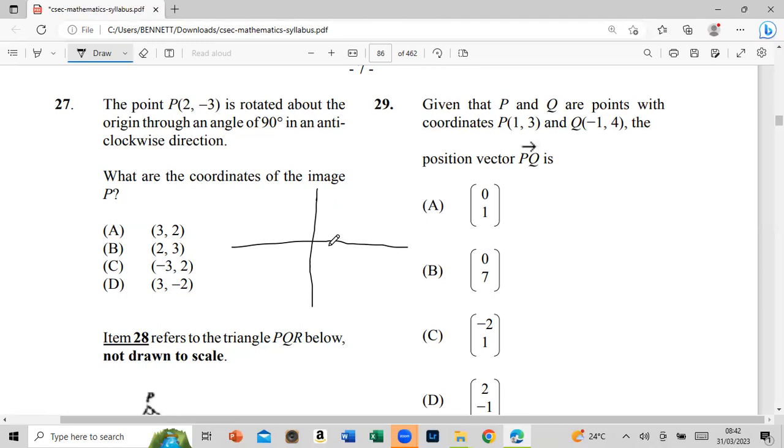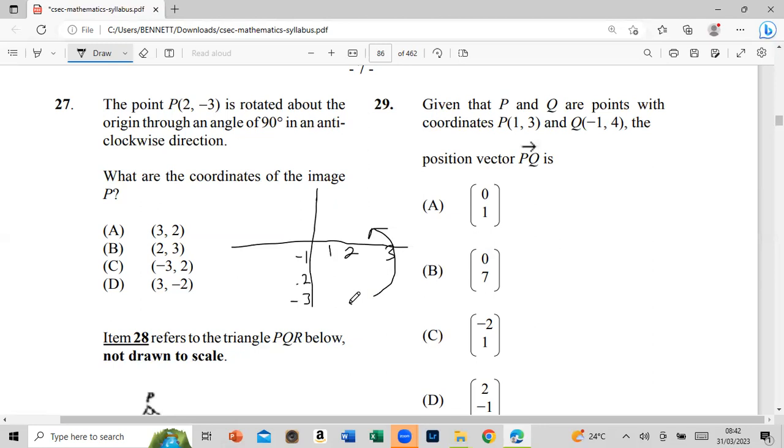Alright, because look, you have 1, 2, 3, and then you have negative 1, 2, 3. So it's at the point 2, -3, so that's here. That means if you're going anti-clockwise, you're going in this direction. So it's going to fall in the positive quadrant.